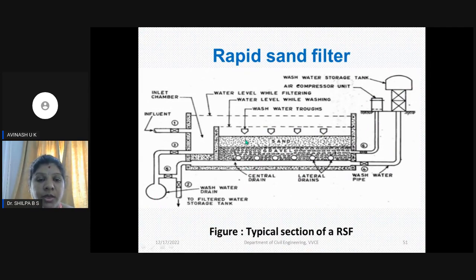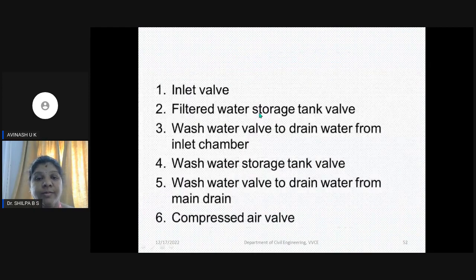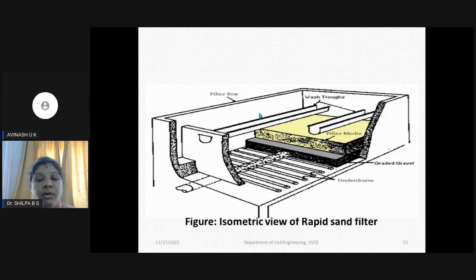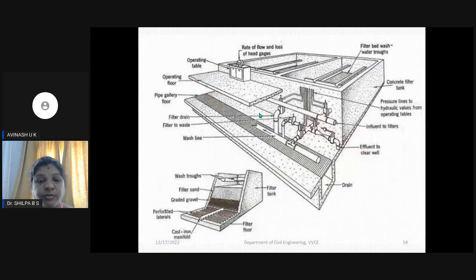These are the various important components of this rapid sand filter. This is an isometric view of how the rapid sand filter is constructed. Here is another isometric view.